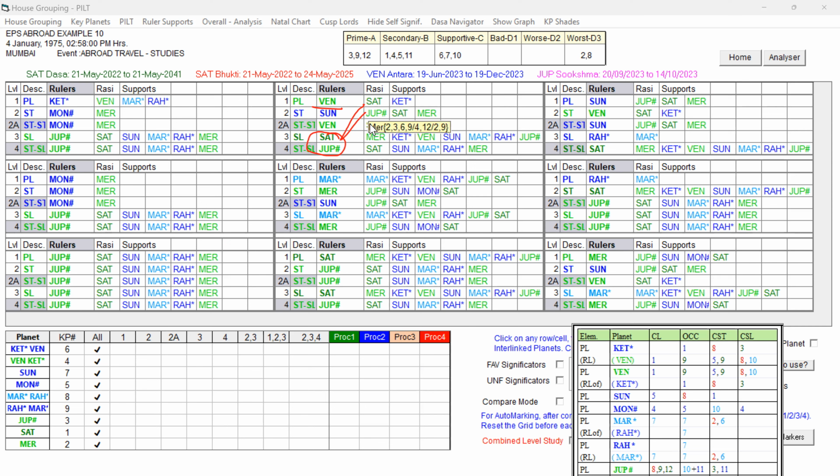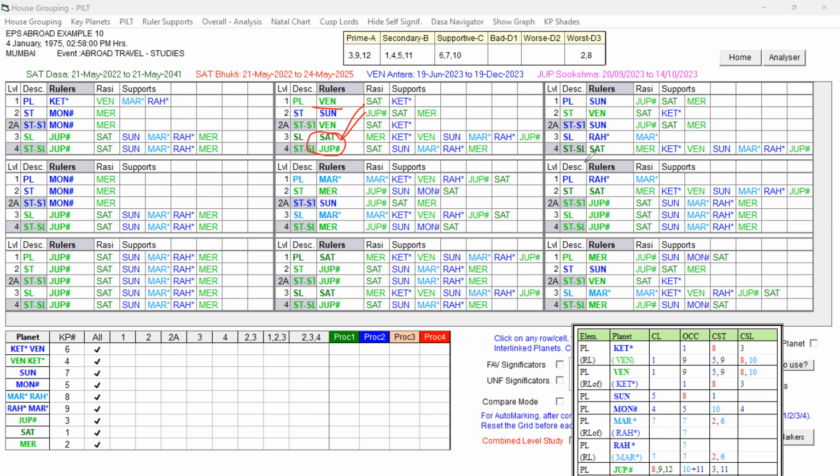Studies are not indicated strongly, though it indicates the fifth house at the star level. That important planet house, the fourth house, is not strongly playing. Under the Bhukti lord, the Antra lord indicates the fourth house, and if Jupiter, Saturn and Mercury are present for abroad travel, then that is going to be very good.